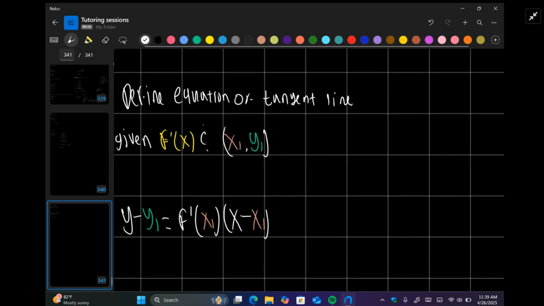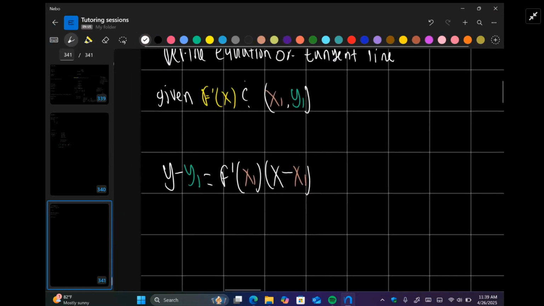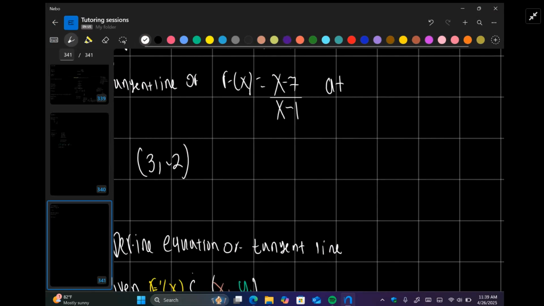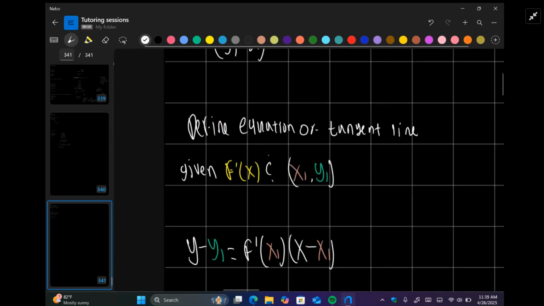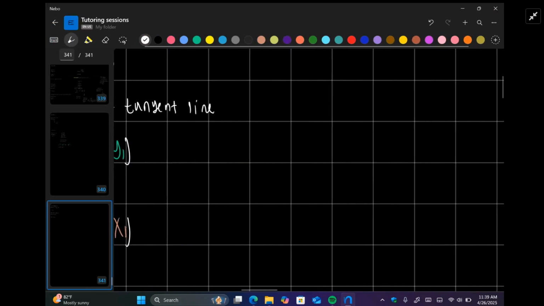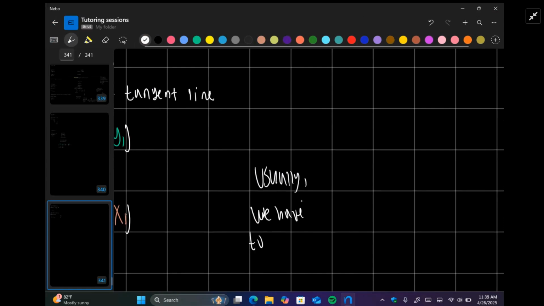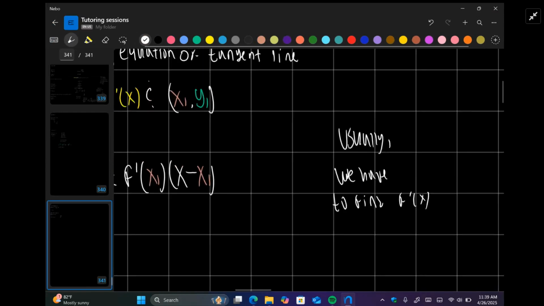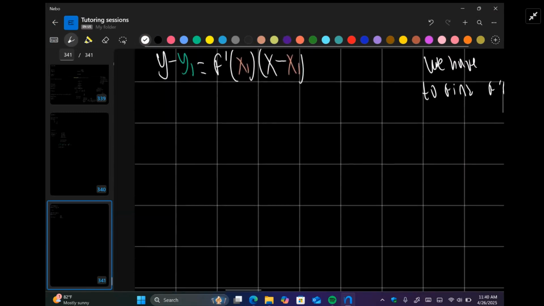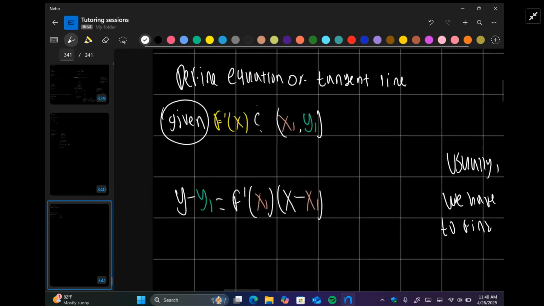Sorry guys, my bad. We know that in this problem, f of x equals (x minus 7) over (x minus 1). Usually you are not given f prime of x, so we have to find f prime of x by taking the derivative of f of x. That's my first step.